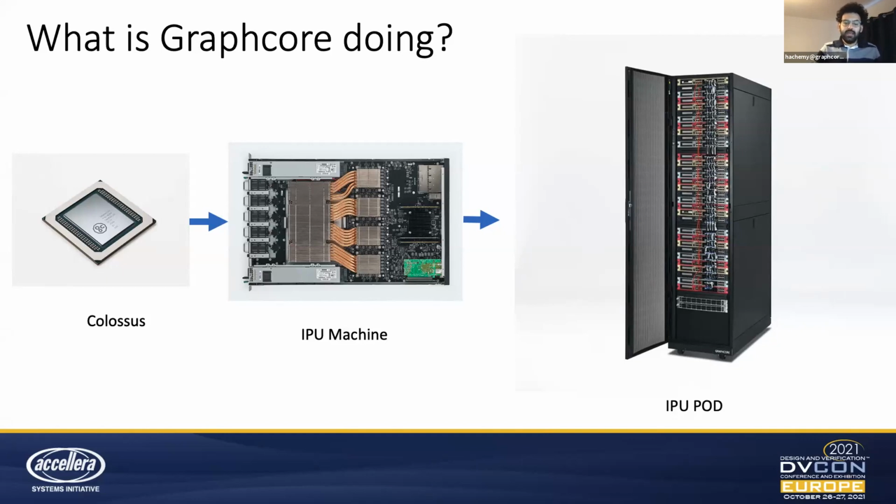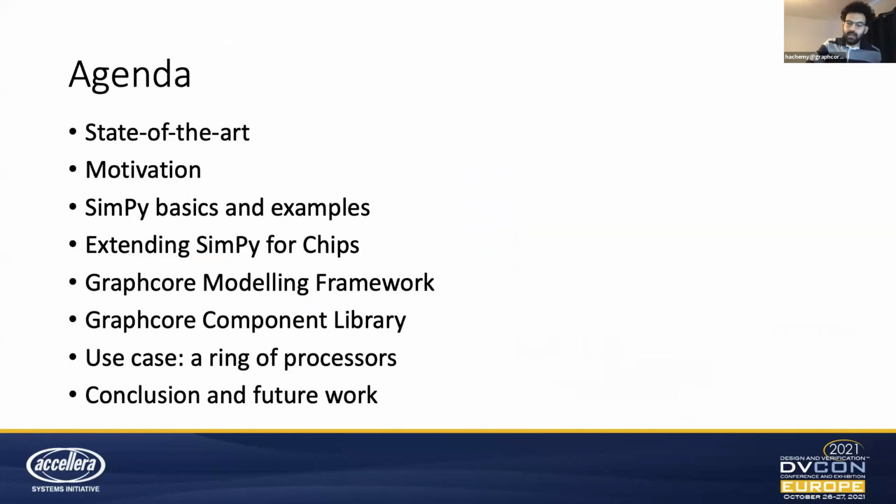Moving on to the agenda, I will talk briefly on what is the state of the art in the architectural validation space. And then I will explain the motivation behind this work. And then I will dive into the SimPy package and what it can offer. Then I will discuss how we extended this package to overcome some limitations of native SimPy.